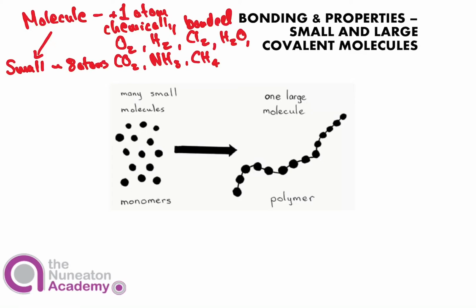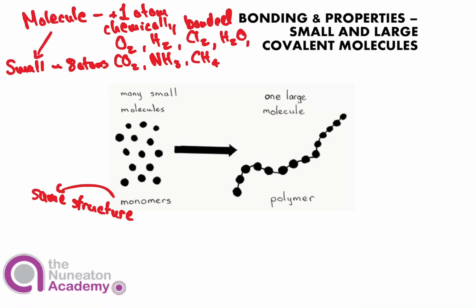Now, when we have small molecules, they are often together, but not necessarily chemically bonded, but they are of the same structure. So when we have lots of molecules of the same structure, we call them monomers. So lots of molecules of hydrogen, oxygen, chlorine that aren't chemically bonded, you would call monomers.